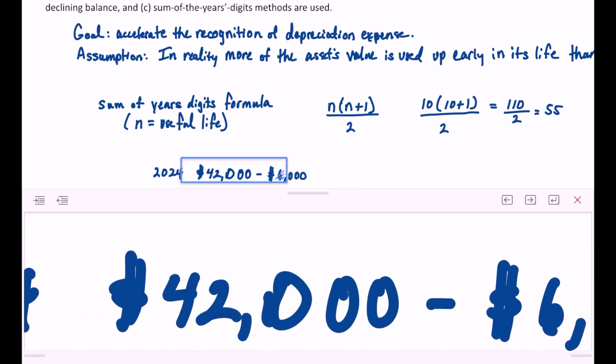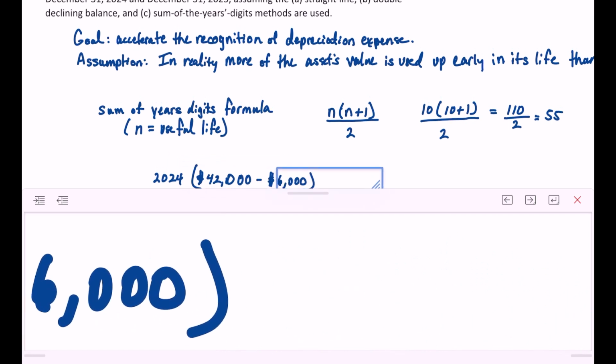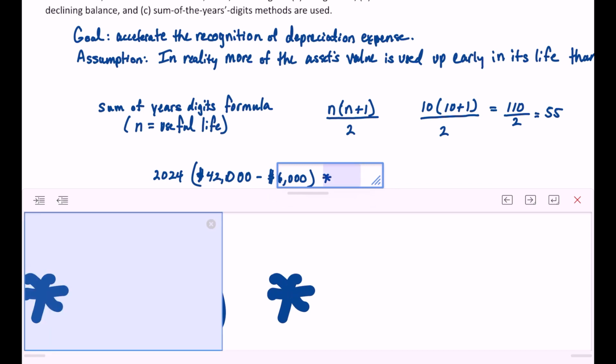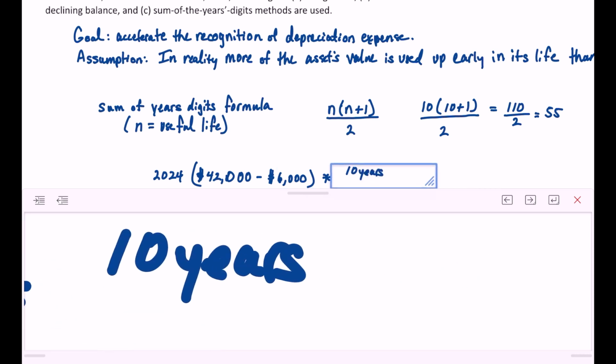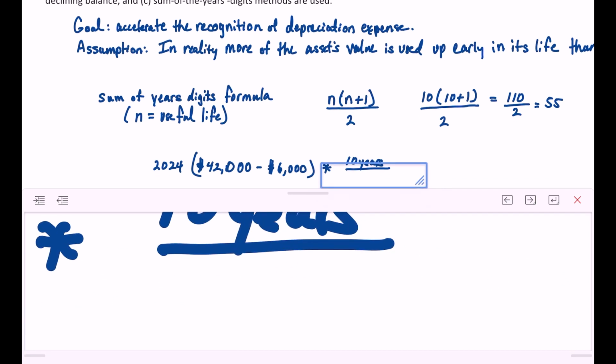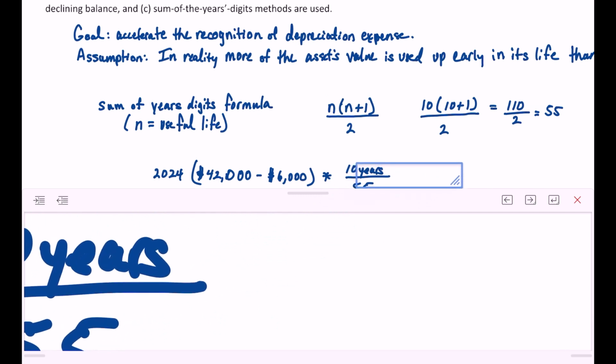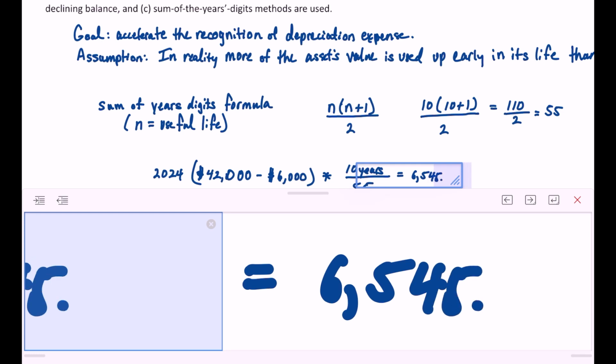So we're going to say 42,000 minus 6,000, multiplied by the remaining life of the asset as of 2024, which was 10 years, scaled by the number we just calculated, 55. 10 divided by 55 is about 18%, and we multiply that by 42,000 minus 6,000, which is 36,000. We get 6,545.45.